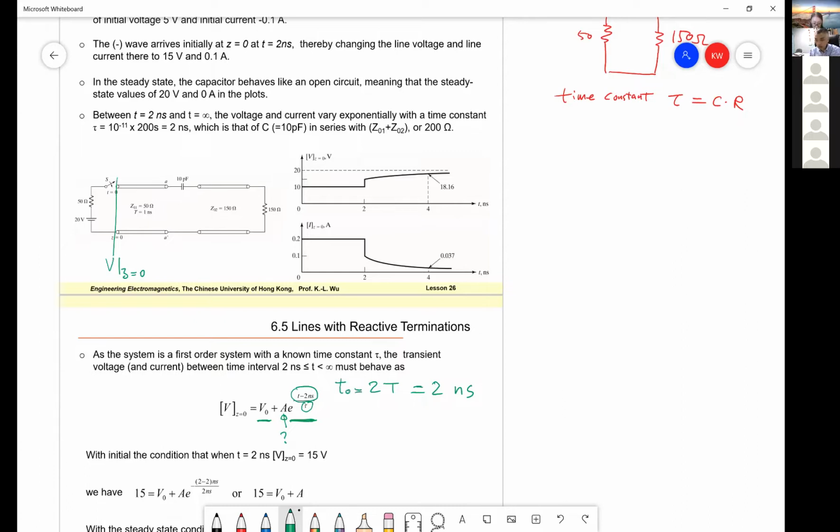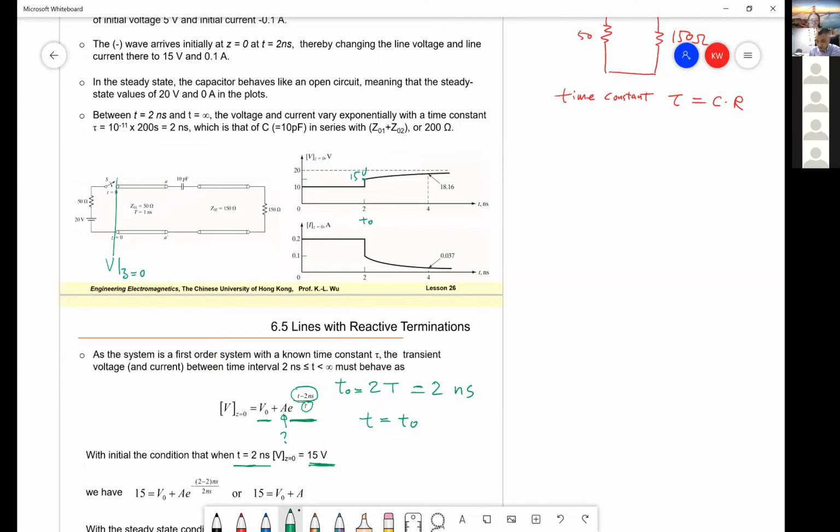That means when t equals t0, that is our initial time. We already know the voltage equals 50 volt, right? This is 50 volt. So this is our T0.